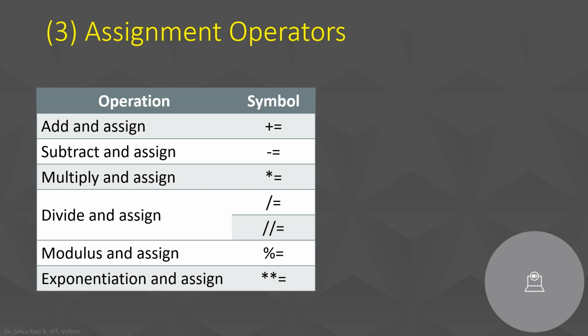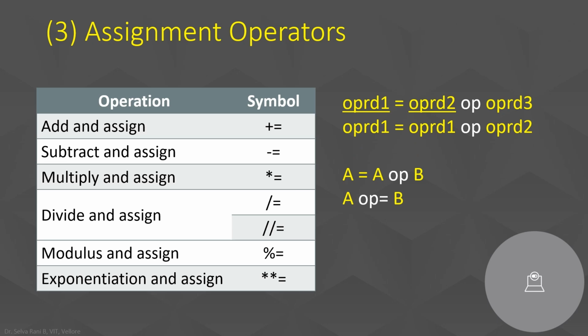We know that an expression is of the form operand 1 = operand 2 operator operand 3. If the operands on the left and right hand side of the equal to symbol are the same, for example, a = a operator b, then it can be rewritten as a operator= b in a shortened manner.